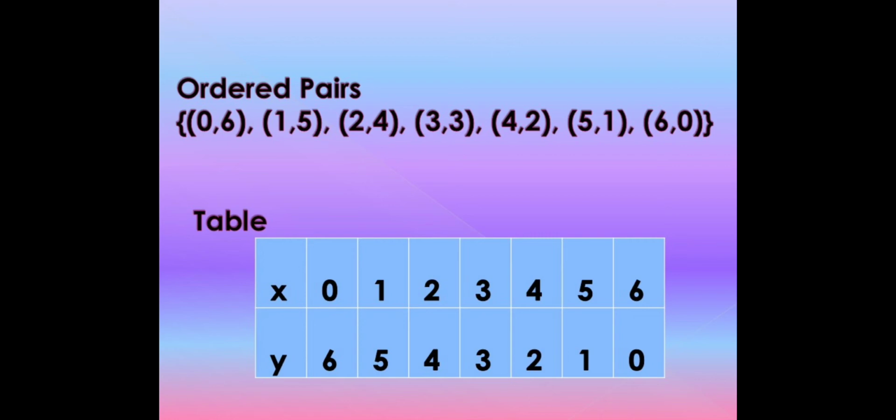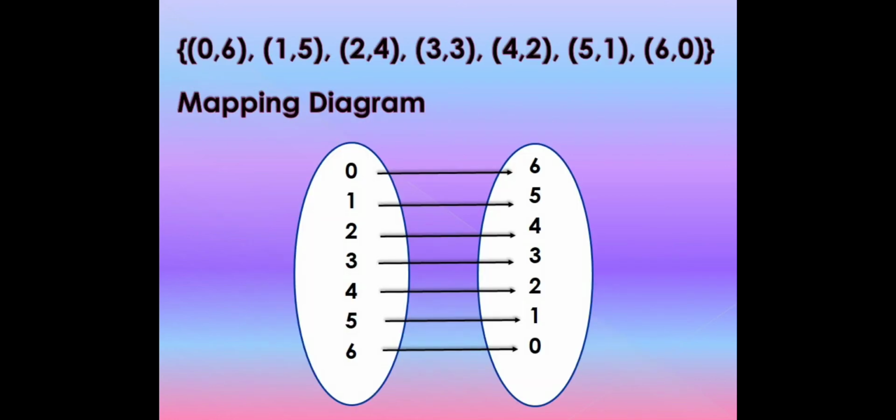Now let's have the mapping diagram. As with the table, in this mapping diagram, on the first figure you put the x coordinates, or the domain, and the y coordinates, or the range, on the next figure. And then draw your arrows that represent that the domain maps to the range.